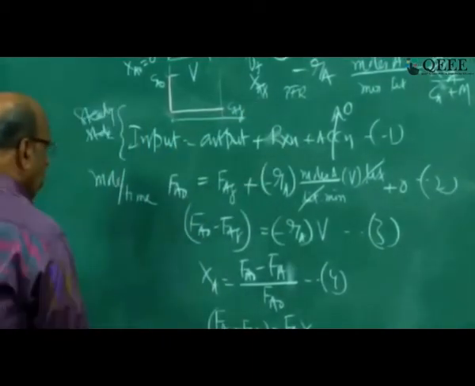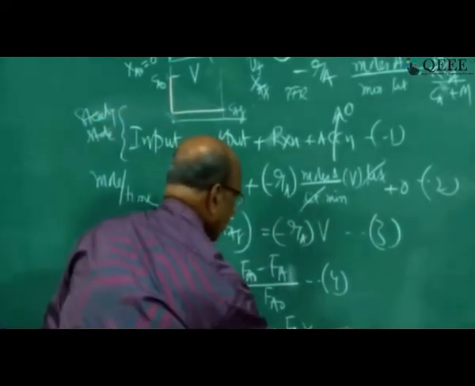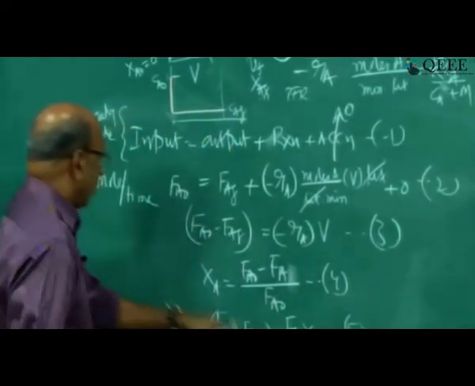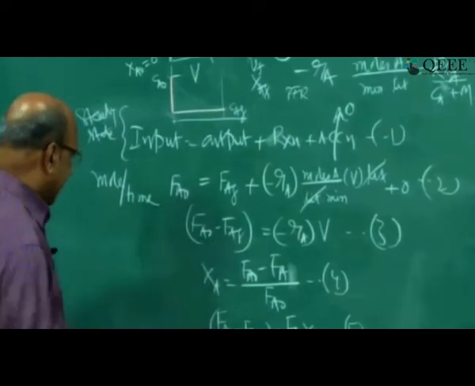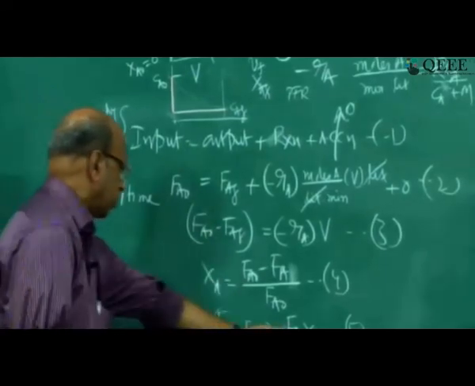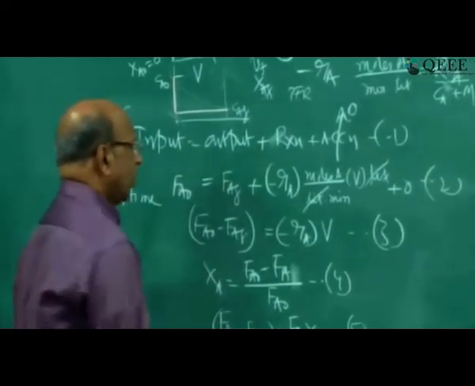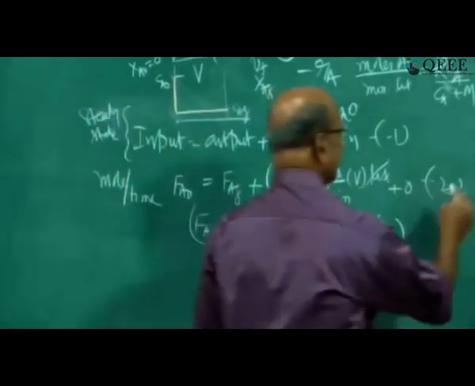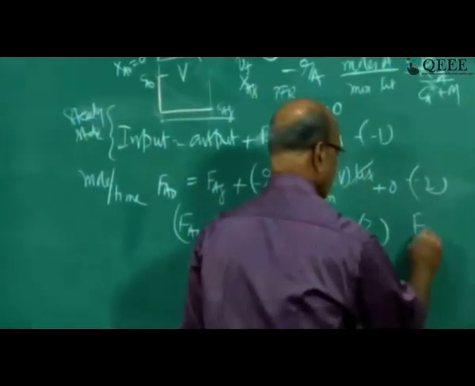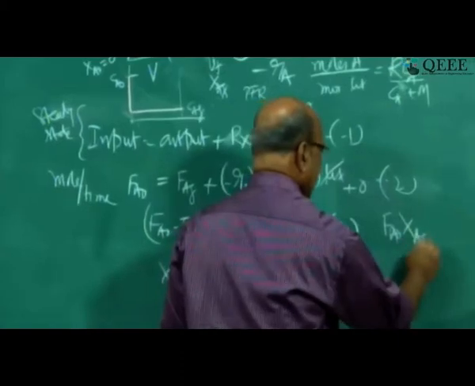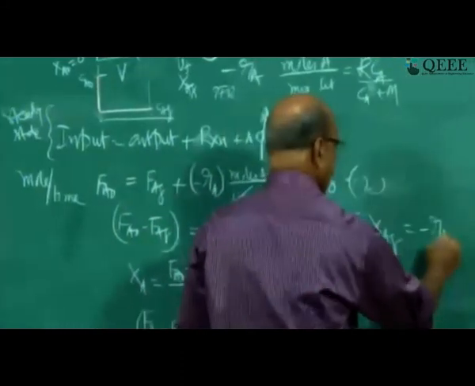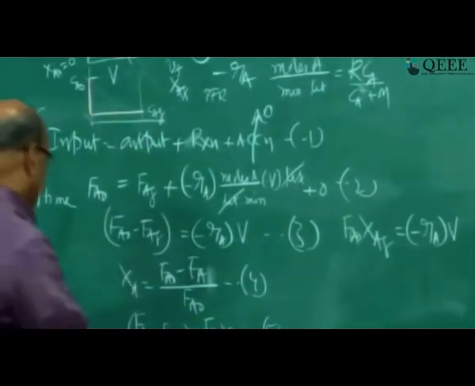So now substitute equation 5 in 3, because FA0 minus FAF is FA0 XAF. If I substitute that, FA0 XAF equal to minus Ra into V.